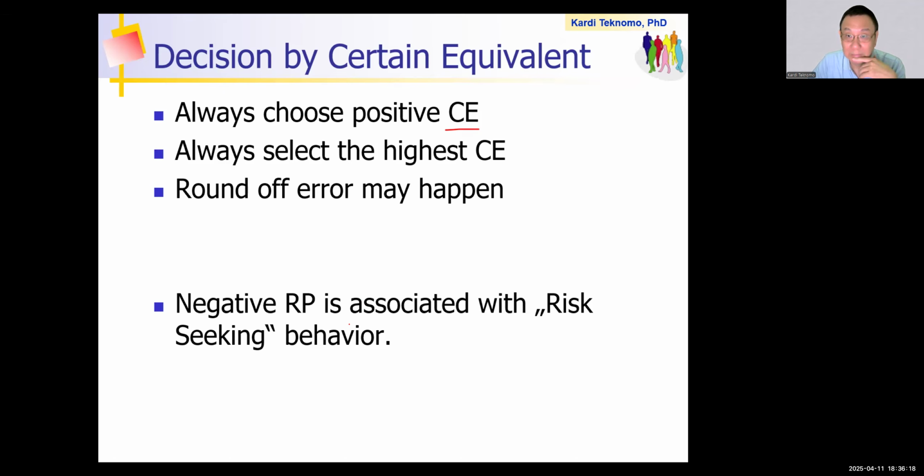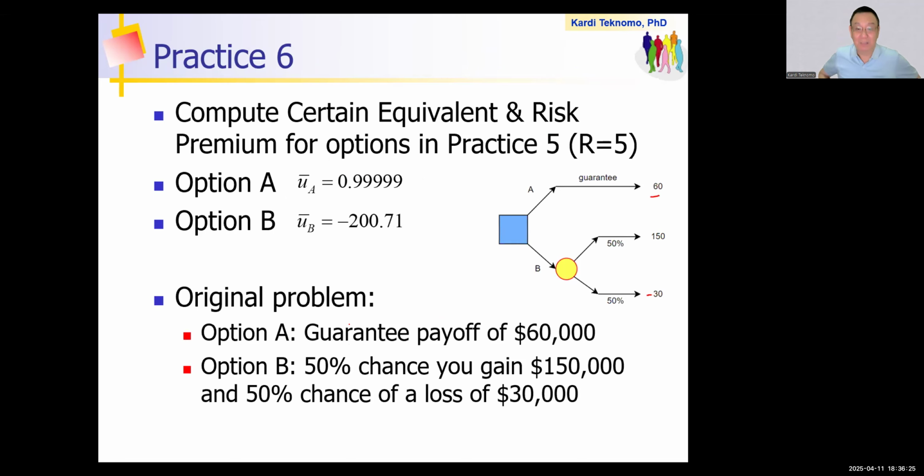Can you try this practice so that you will understand better? Earlier we already computed in practice 5 with R equal to 5. So we already computed this value, right?